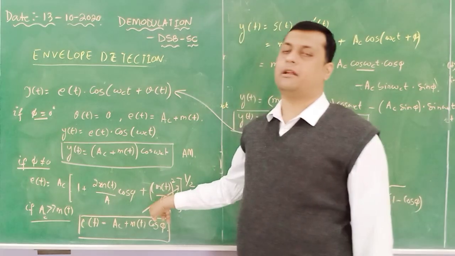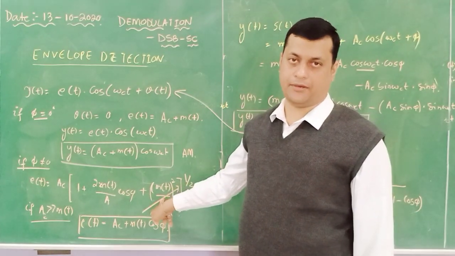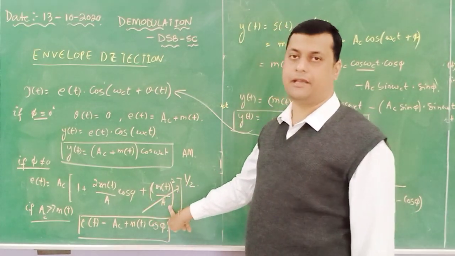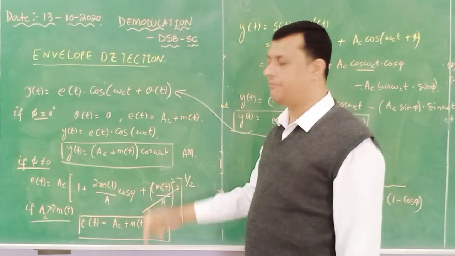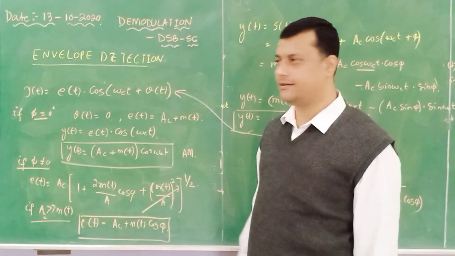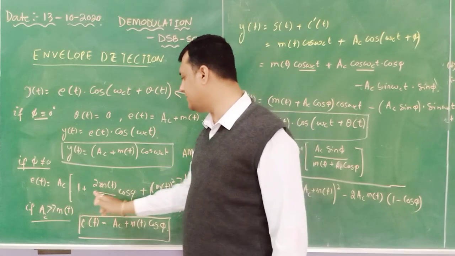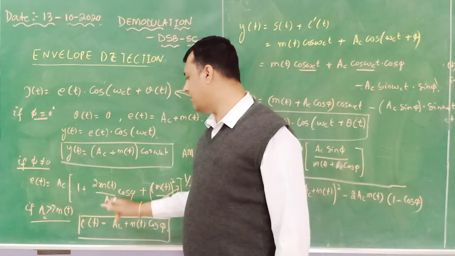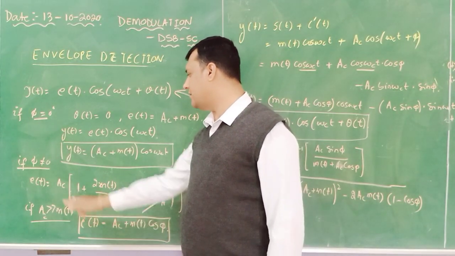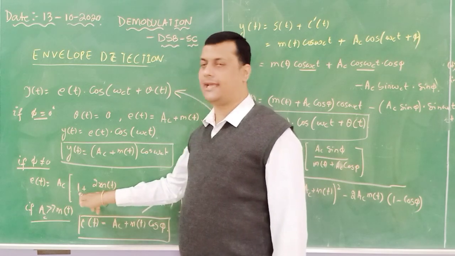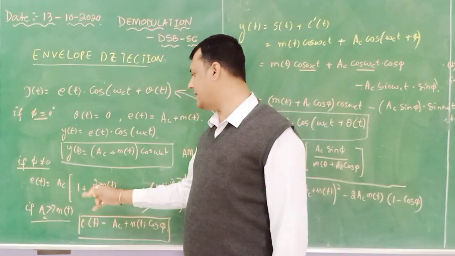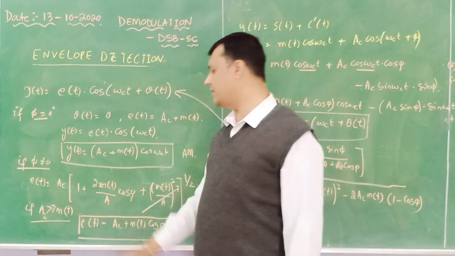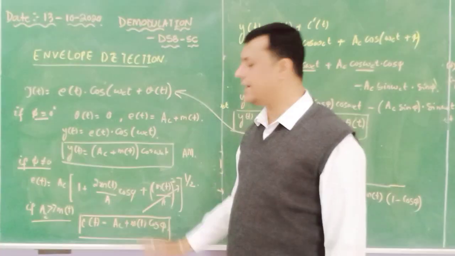This component becomes negligible, because A is very much greater than m of t, so we can neglect it. The second component is 1 plus 2 m of t cos phi divided by A. You take this AC inside, you will get AC, and here this A will cancel out, leaving m of t into cos phi. So that is my envelope.